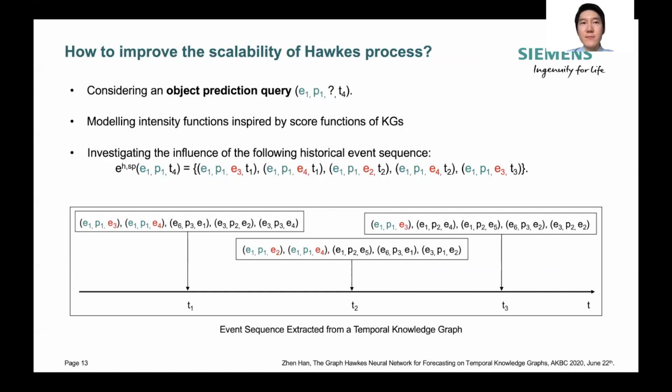By predicting the missing object, we feed this historical event sequence into an RNN and compute the intensity function. But the model can still capture information from other events because there are shared embeddings for entities and predicates. Modeling the intensity function using entity and predicate-specific parameters and narrowing the scope of past events enable our approach to deal with large-scale temporal knowledge graphs.